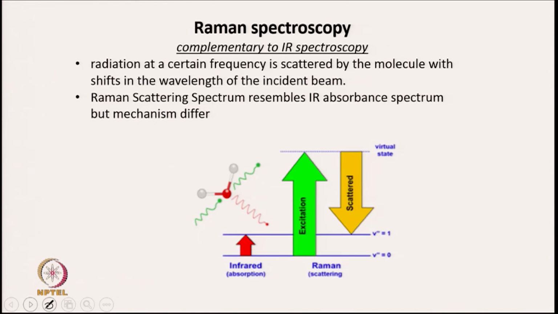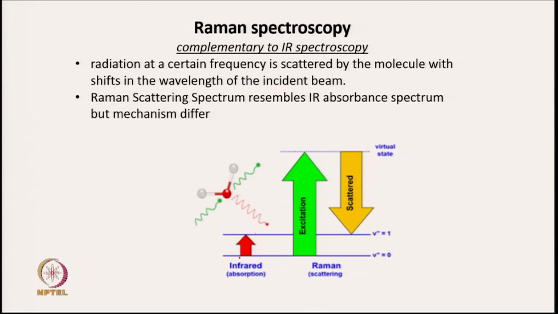Raman spectroscopy is basically complementary to IR spectroscopy. Radiation at a certain frequency is scattered by the molecule with a shift in wavelength of the incident beam. It resembles the IR absorption spectrum, but the mechanism differs. In IR spectroscopy, your particle is moving from one vibrational level to another vibrational level.